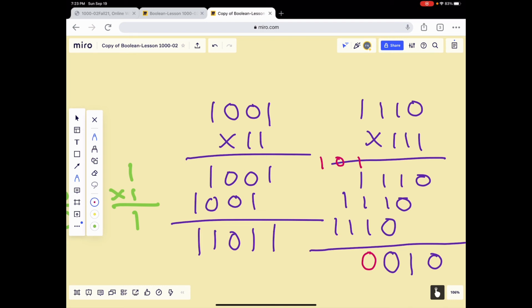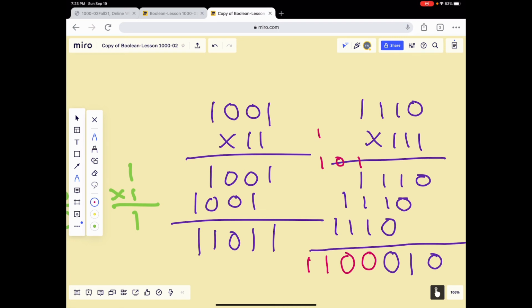All right, so now you can add 0 plus 1 equal 10 and carry 1. So you have 3 number 1s here, 111. You add together equal 11. All right, and the answer is 1100011.